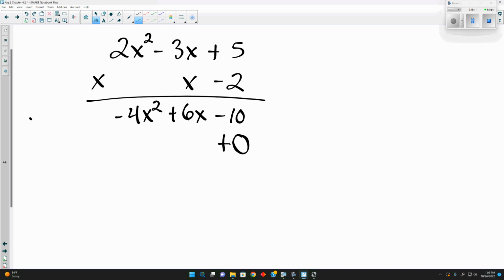Put a 0 and then move over 1. X times 5 is going to be plus 5x. X times negative 3x is negative 3x squared. And x times 2x squared is 2x cubed.